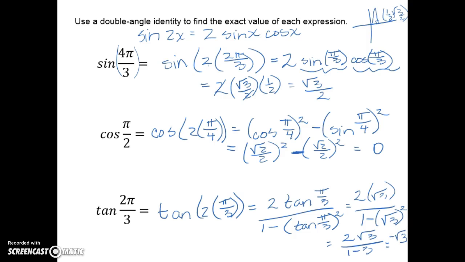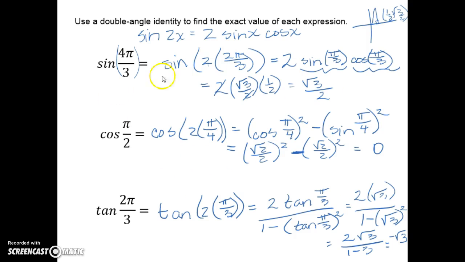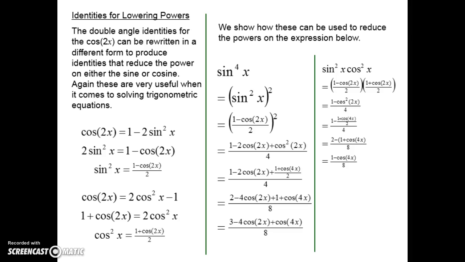So not very difficult. Just make sure that you have all of these identities written down correctly and that you could do that on homework. There is one more thing that I want us to see that follows from these double angle identities for sine and cosine, and it's called lowering powers.